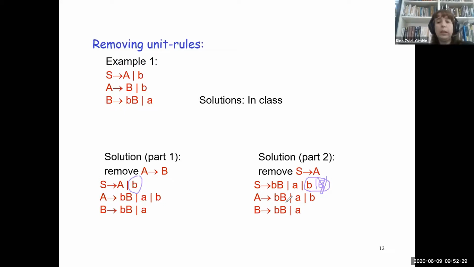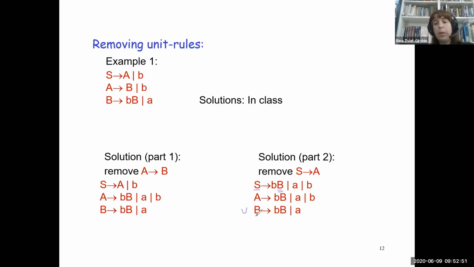Now, the interesting question was, I actually finished the algorithm of removing unit rules, but let's check if all variables are reachable. So please pay attention. I start with S. S at the right-hand side has B, so B can be reached.